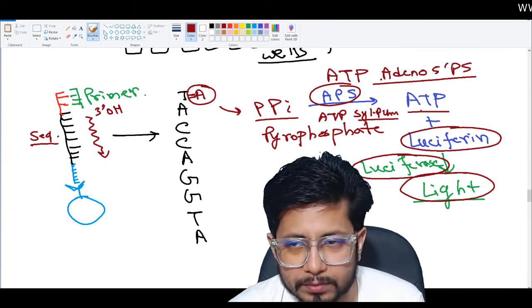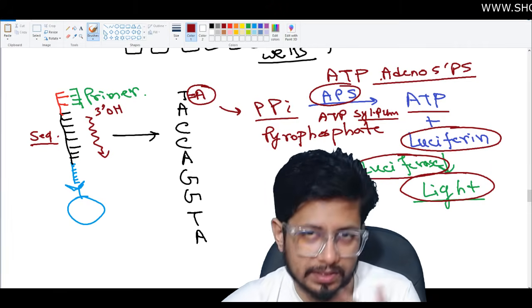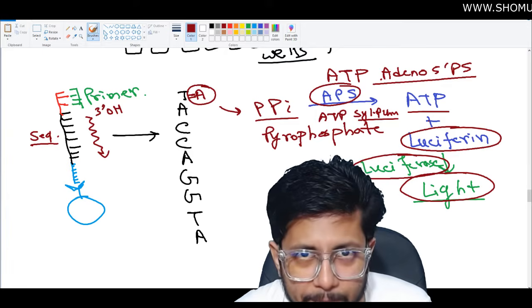That's the energy molecule. In this case, ATP is generated because A was there. If it was G, if it was C correctly pairing, the same thing happens.